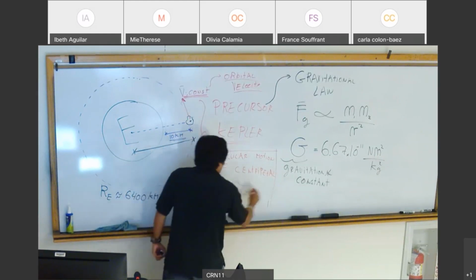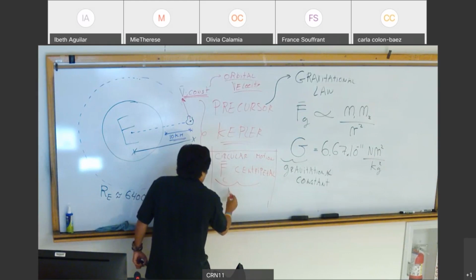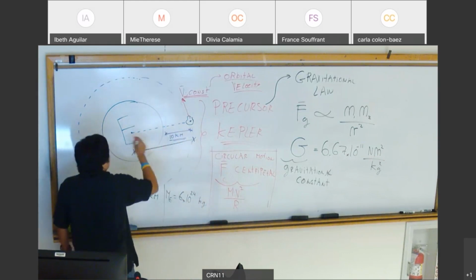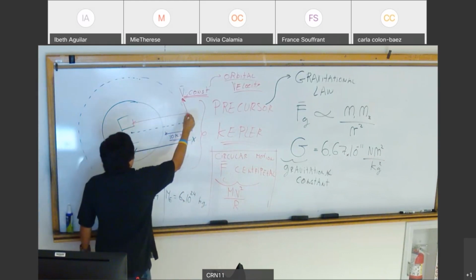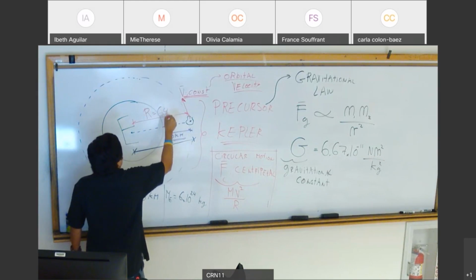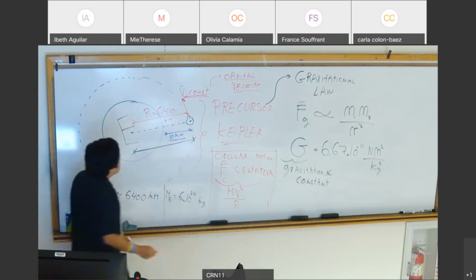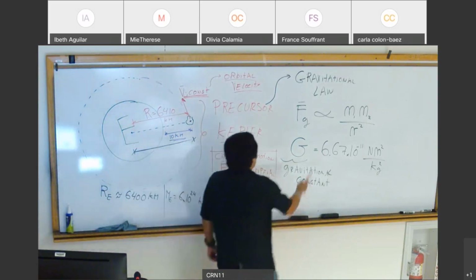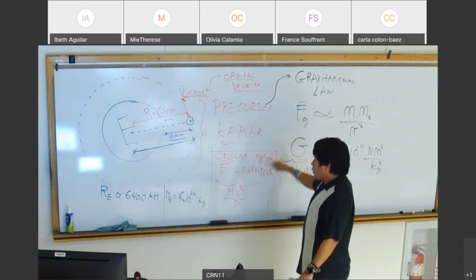And that's mass times velocity squared over the radius, which is what? This. All this is R. So pretty much what you do is you make this force equal to that force.